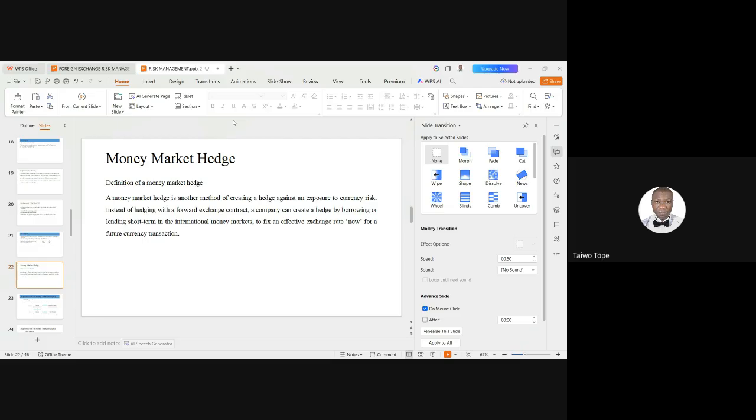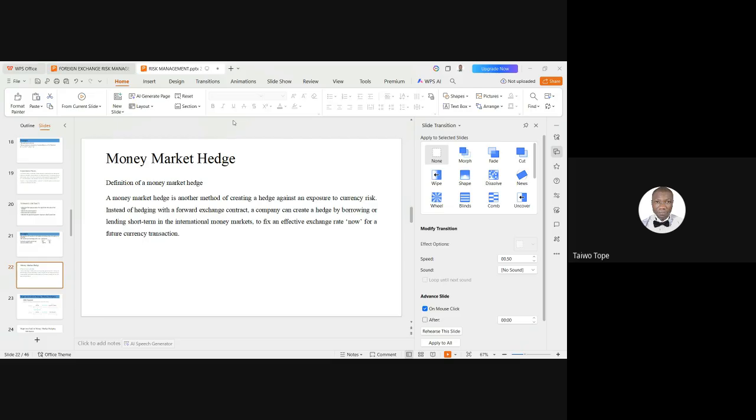So whenever you're trying to solve questions on money market hedge, you look at what is the home currency and what is the foreign currency. The concept with money market hedge is created by borrowing or making a deposit.